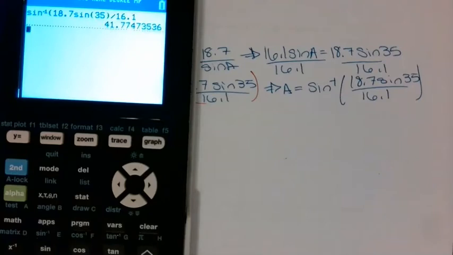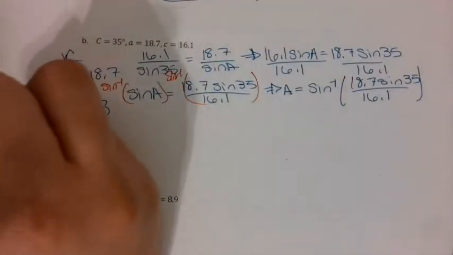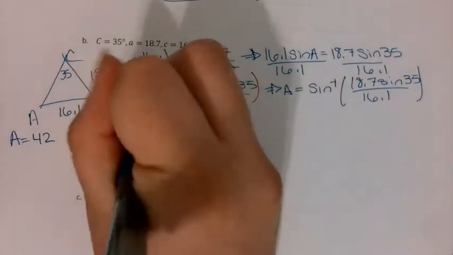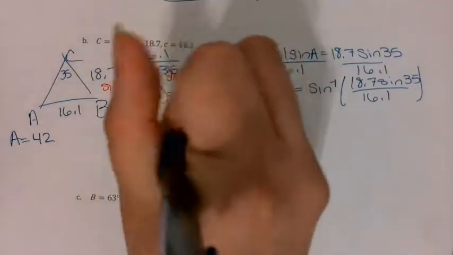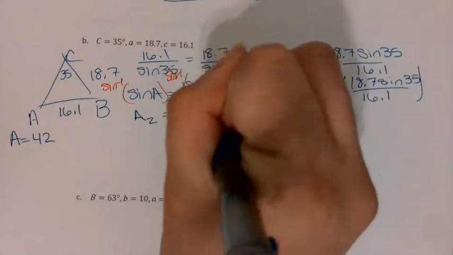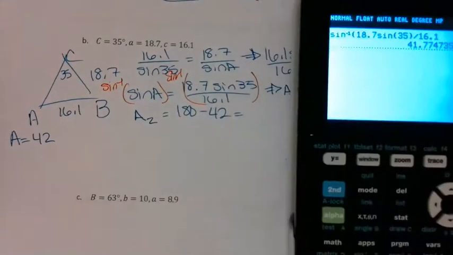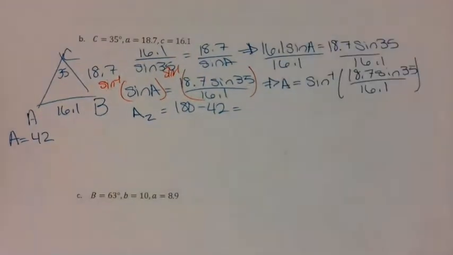Okay, this is rounding to the nearest degree for angles, so I get A equals 42. What I need to check is to see if I have a second A, so I'm going to do 180 minus 42, which gives me 138.